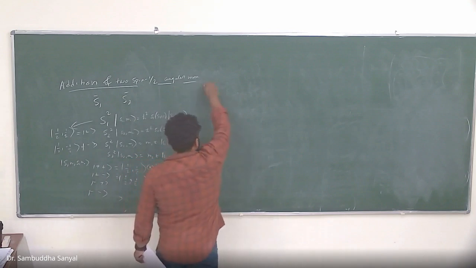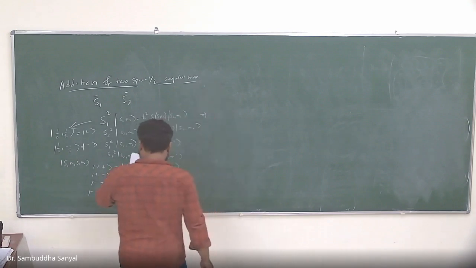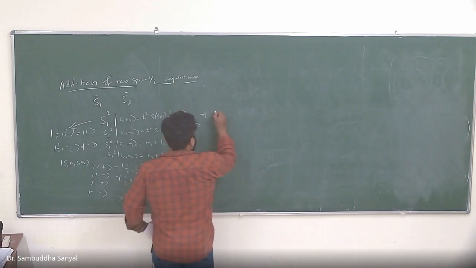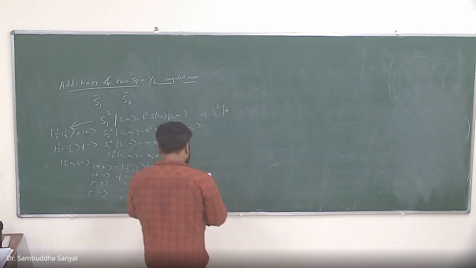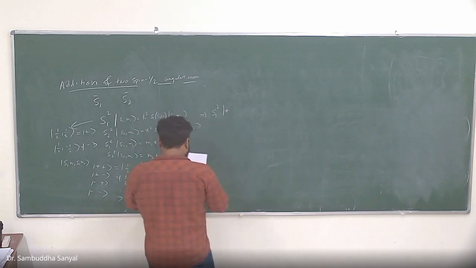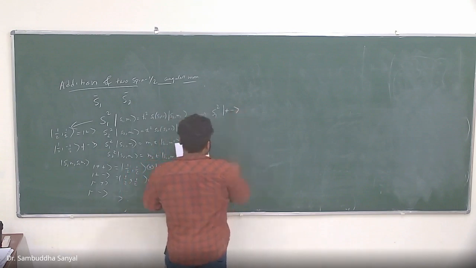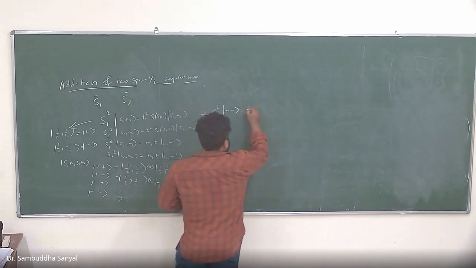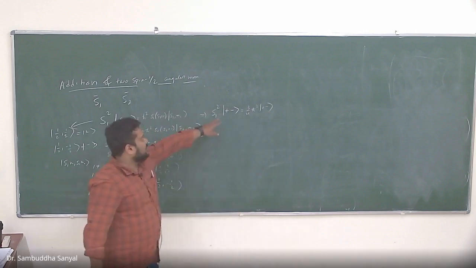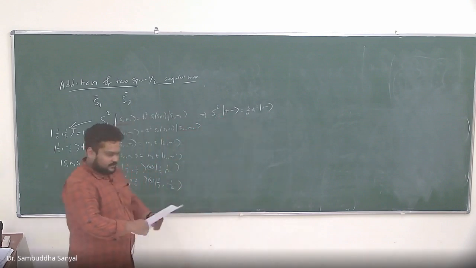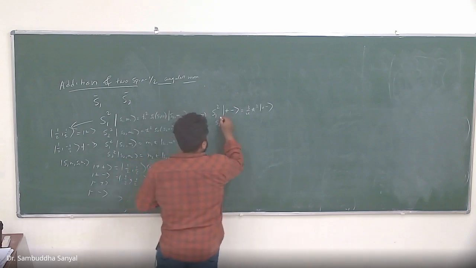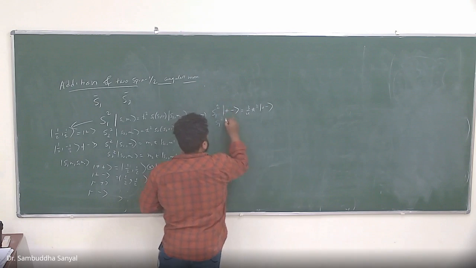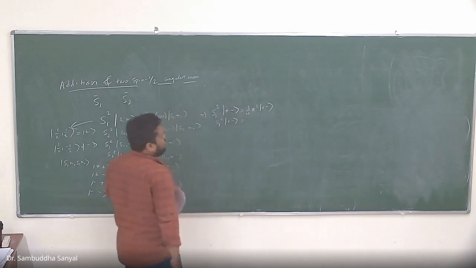So I can immediately see that if I just use these things, I want this S1 squared to act on this joint state. If it acts on this joint state, it should give me, let's say, plus minus. Okay, because this is an eigenstate of this and this is this. So what do I expect this to do? This is squared. What do I expect here?